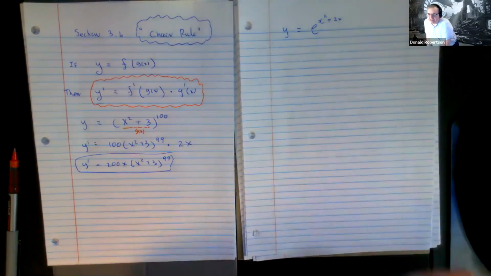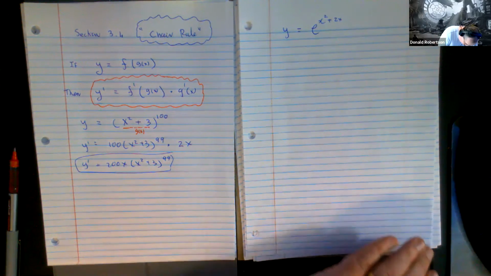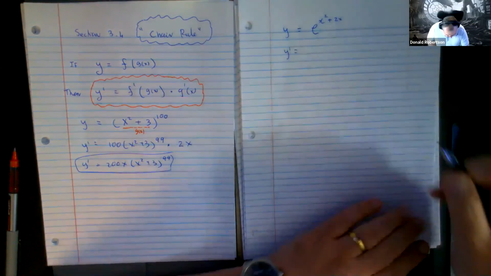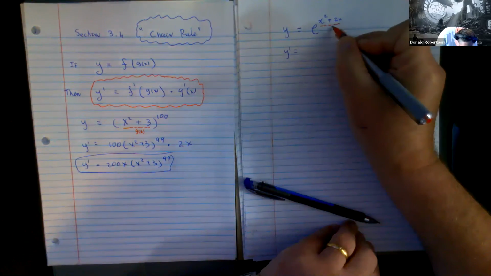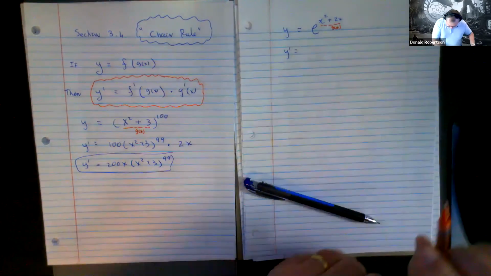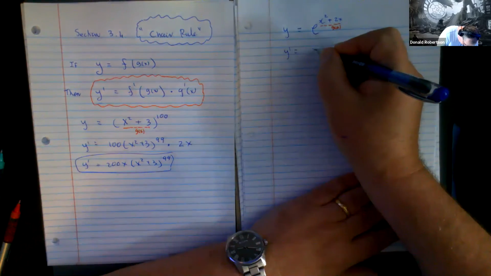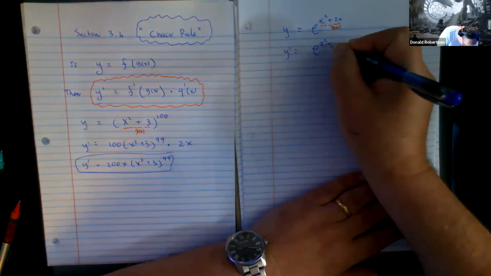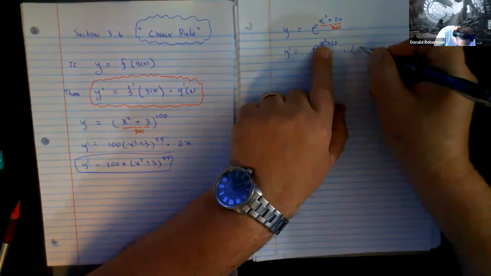Let's do a weird e to the power. I want e to the power of x squared plus 2x. I see that guy there, the guy I like to call something. That's the g of x they're talking about. So this is e to the something. So the derivative of e to the something is e to the something times the derivative of that something.